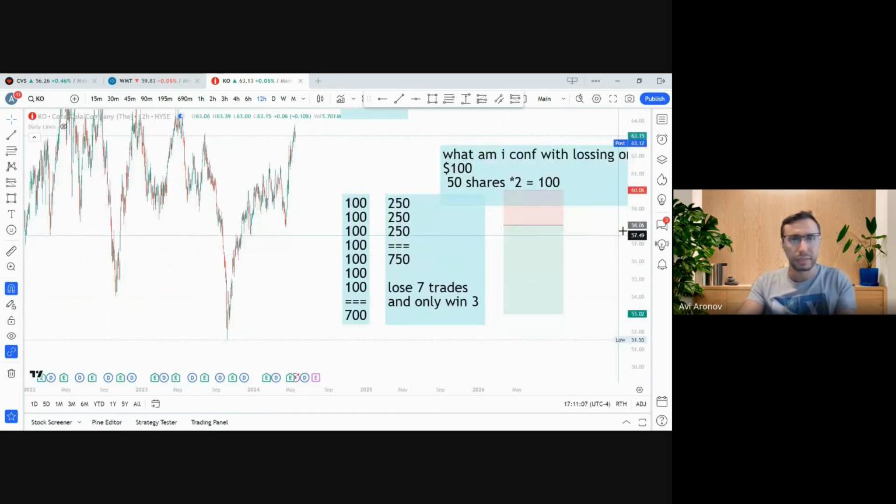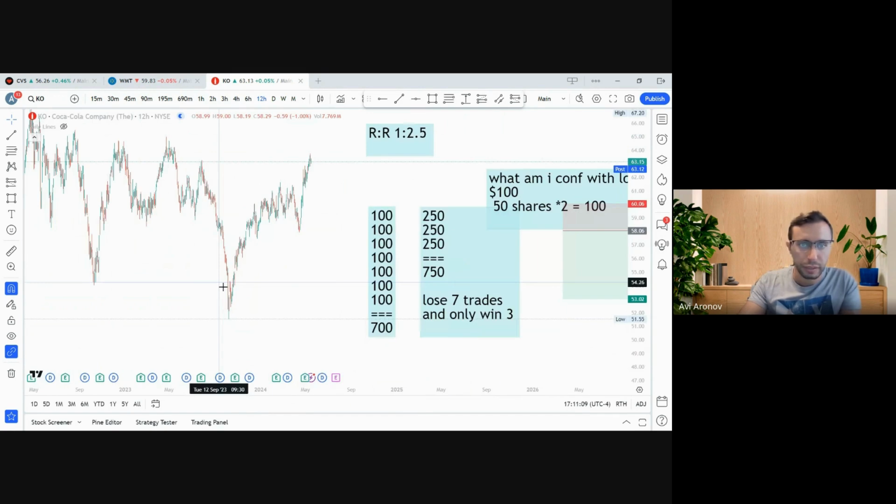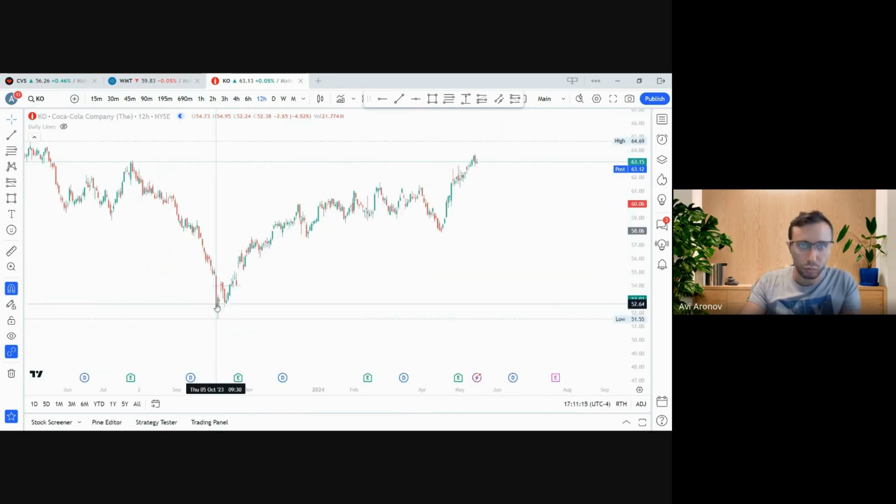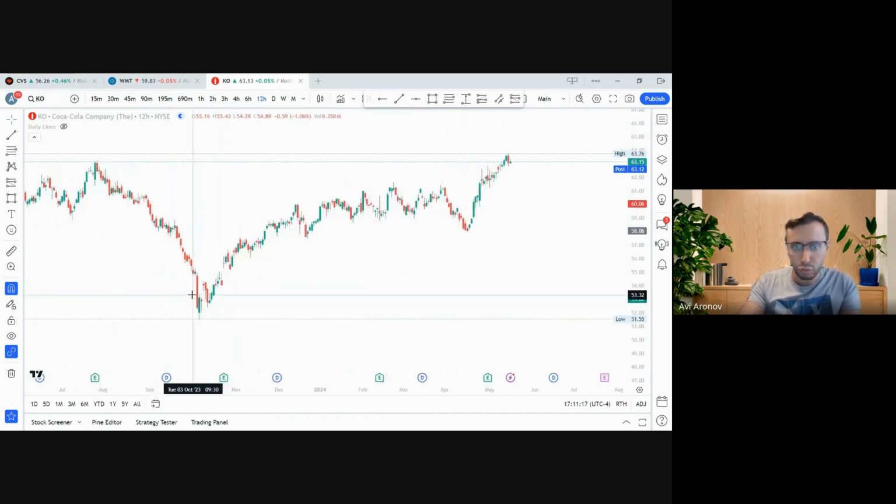But imagine yourself, let's say an example. You see this here going down, and you're like, wow, I'm going to short now right here. And it's a great move down. What happened? You short with no stop loss, and all of a sudden you are mistaken.